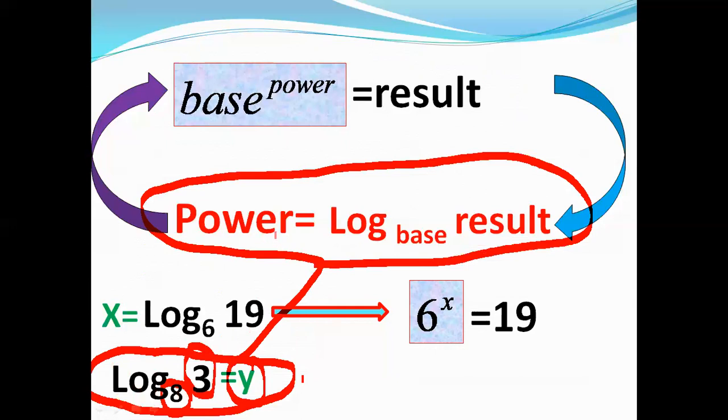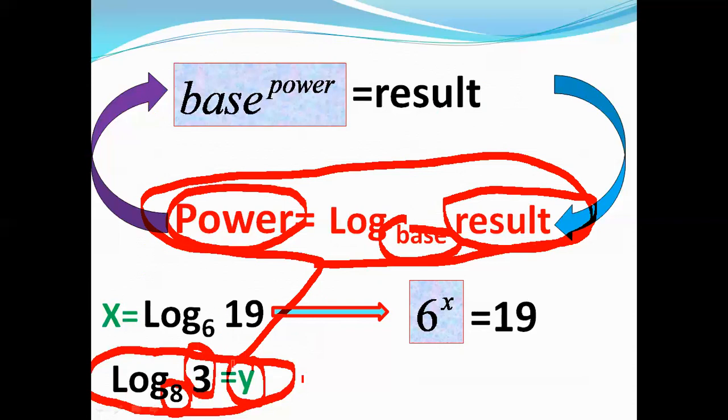If you compare, here log, here log, in place of result, what is there? 3. So result is 3. In place of base, what is here? 8. So base is 8. In place of power, here power is y. So base is 8, power is y, result is 3.